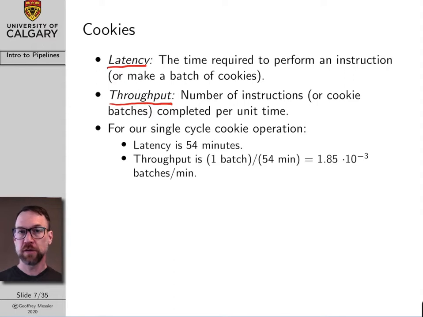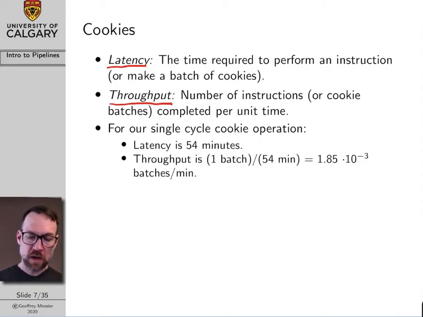Our single cycle microarchitecture always performs one instruction per cycle, but our cycles are very, very long. So the number of instructions performed per second is relatively small. For our cookie analogy, throughput is also the number of cookie batches we bake per unit time.